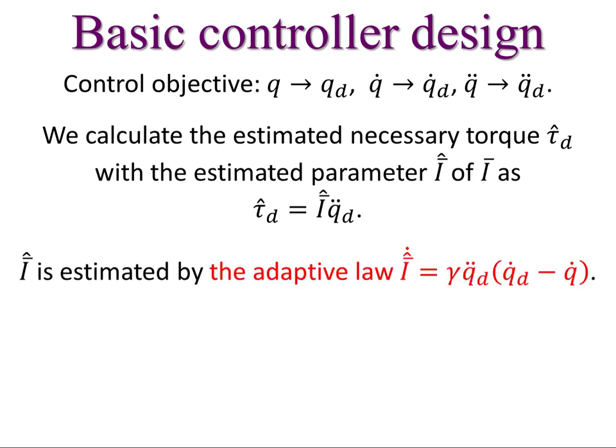Adaptive control adjusts the estimated parameter I bar hat in real time by the adaptive law expressed in this equation, where gamma is an adaptive gain that is set freely by the designer of the controller. Why we use this equation for the estimation will be discussed later.